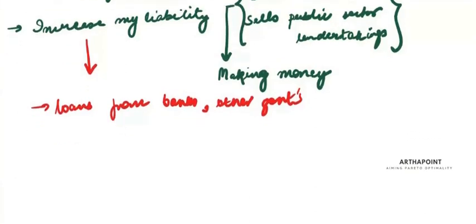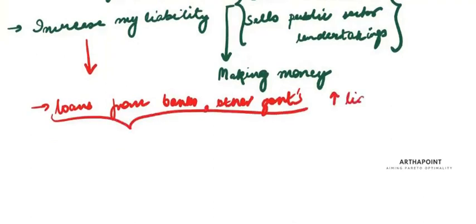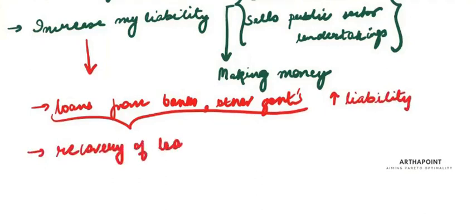So ideally, we can say that the government can earn money when it takes loan, which means that there is an increase in the liability. Also, it can earn money when it recovers loan. When you give loan to people, it is an asset for you, because I will get money in the future.